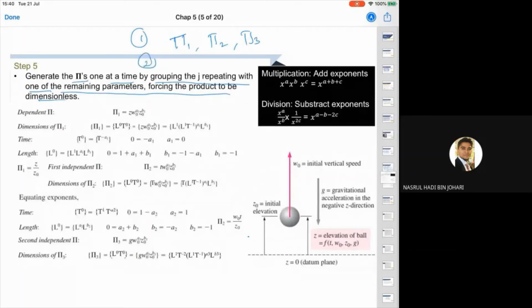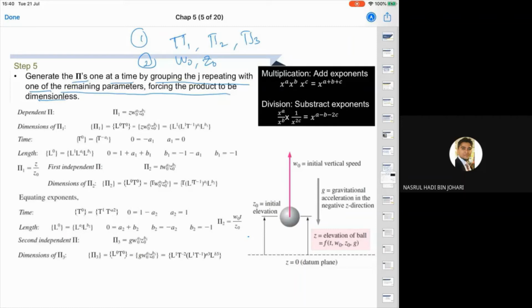Repeating variables kan, step number 4. Repeating variables kita adalah apa? Kita ada WO, ingat tak? Kita ada WO and ZO. Betul ke? Yes, betul.